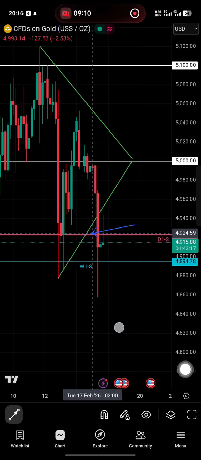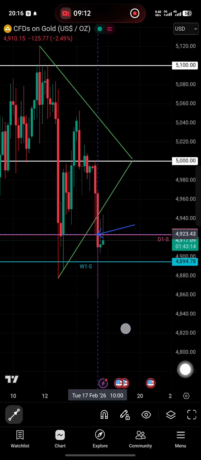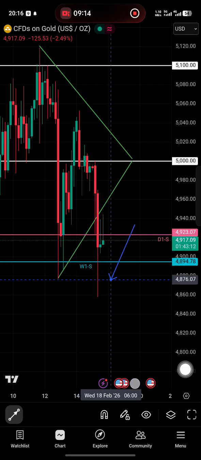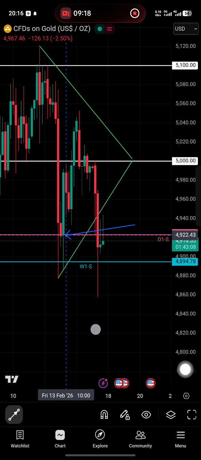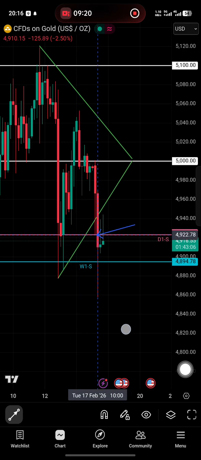And when a strong key support is touched, price tends to dump to take out all buyers and all buy volumes from that support. And you can see the proof that this is true is this candle over here.